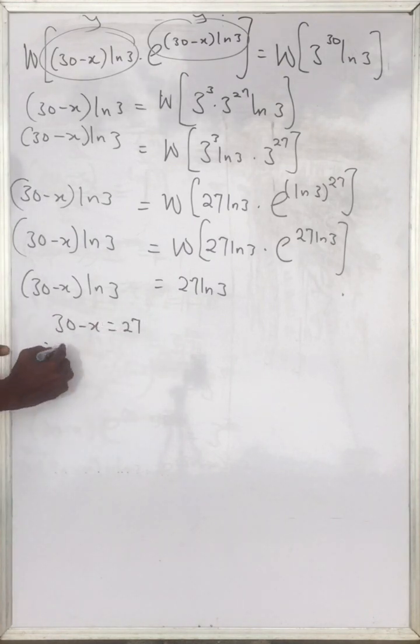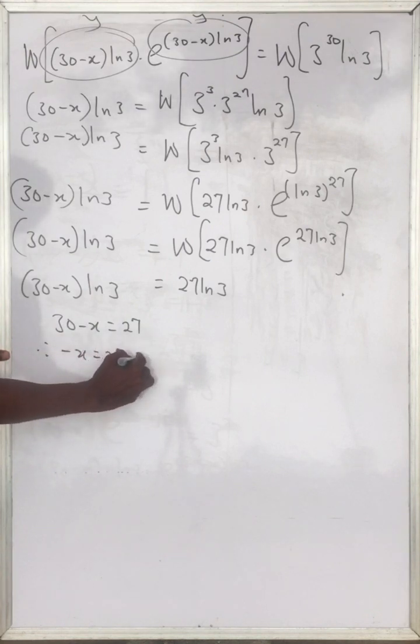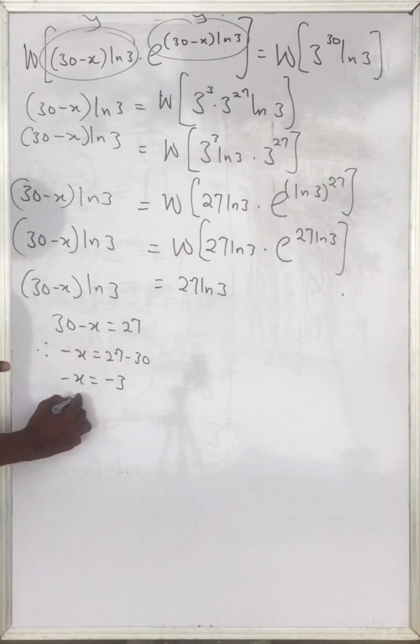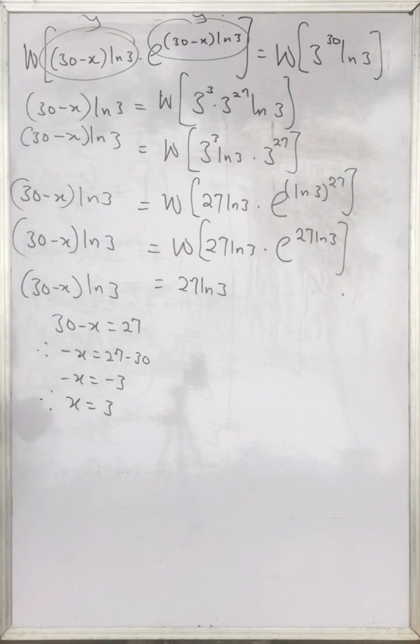And so therefore we have minus x is equal to 27 minus 30, so that minus x is minus 3. Dividing both sides by negative, you have x to be 3. So this is our required solution. You understand? This is our required value of x.